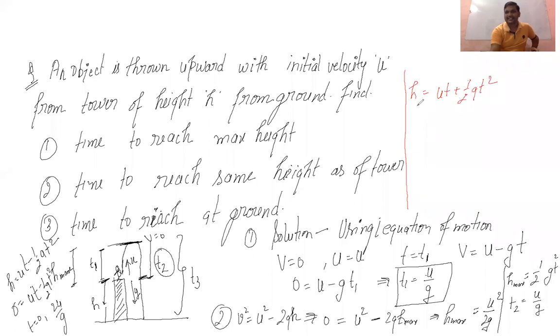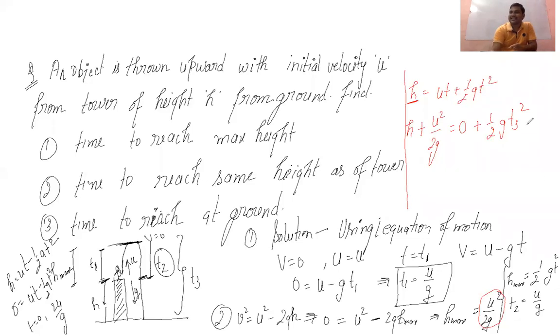And you can see this height. The h is already given, and this height we have calculated. This is h plus u square upon 2g, and the initial velocity is 0, and the time is t3, so half g t3 square.